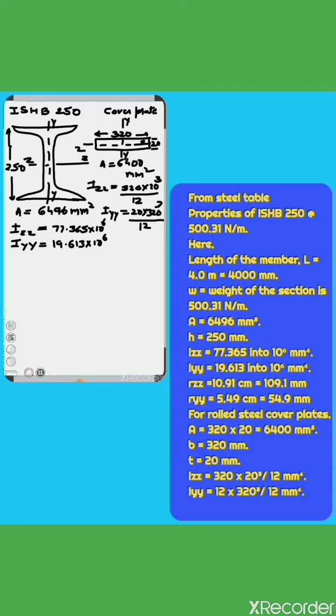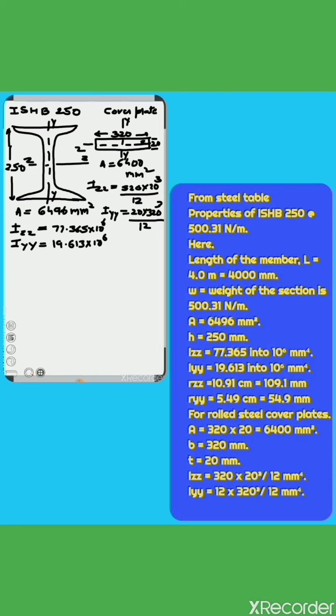For rolled steel cover plates, A equals sectional area equals 320 into 20 equals 6400 square millimeters. B equals width of the plate equals 320 millimeters. T equals thickness of the plate equals 20 millimeters.